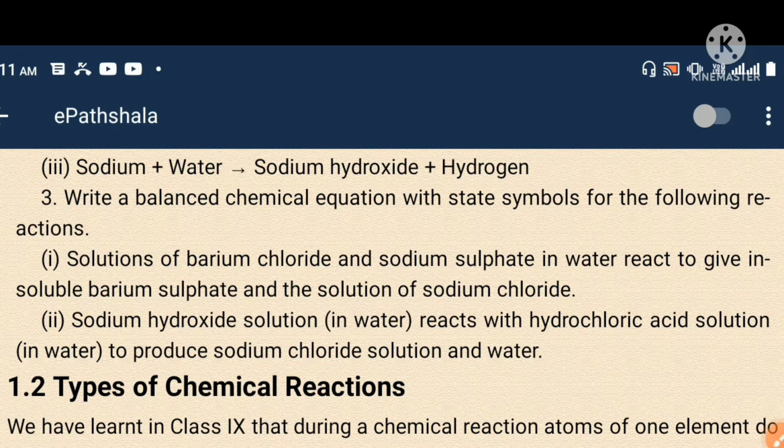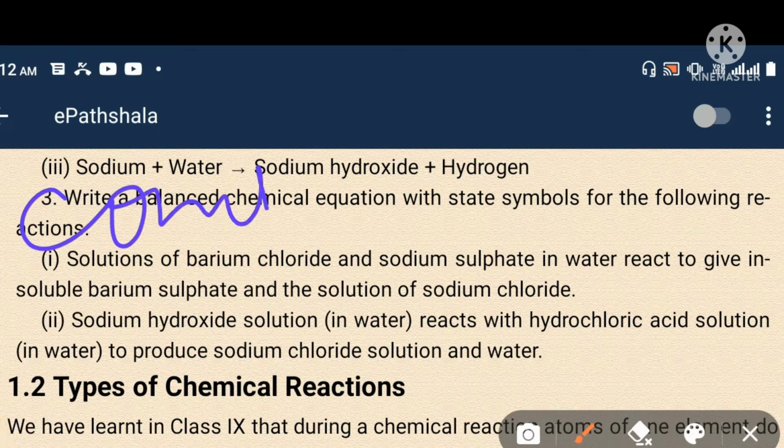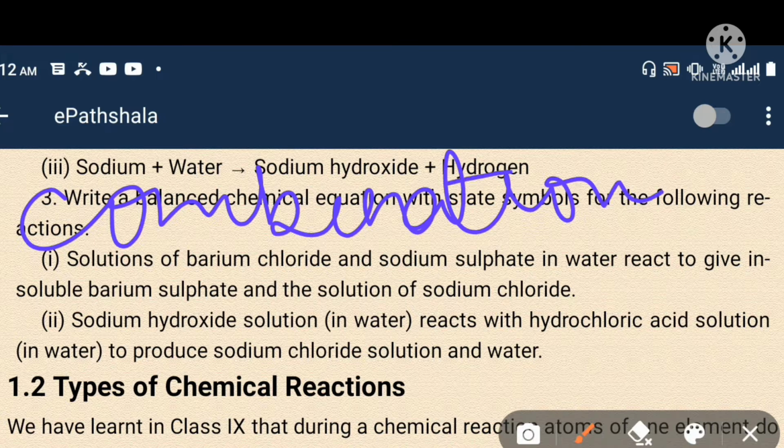There are 5 types of chemical reaction. Number 1, combination reaction. Second is decomposition reaction.